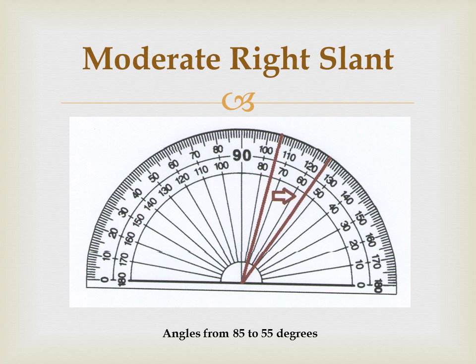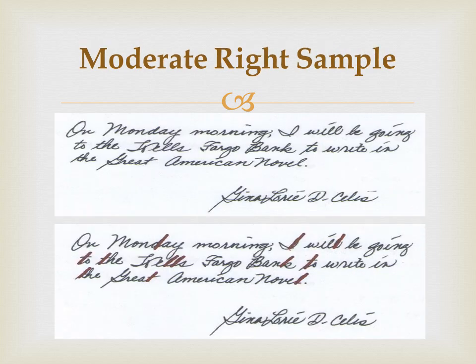Moderate right slants are any angles from 85 to 55 degrees, and again would be seen on the right-hand side of the protractor. The sample shown is an example of a moderate right slant.